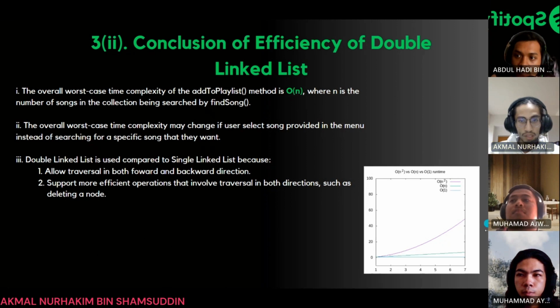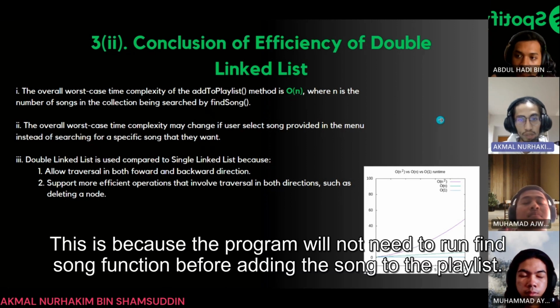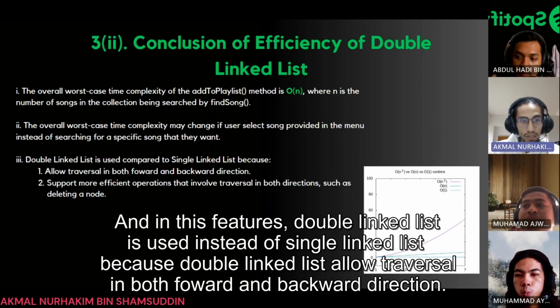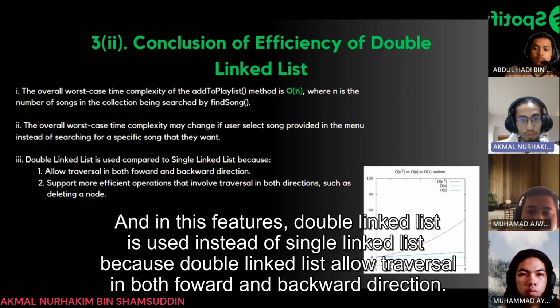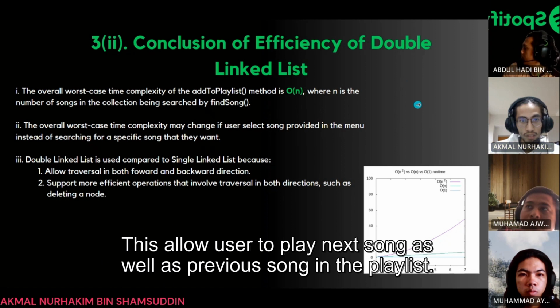This is because the program will not need to run the find song function before adding the song to the playlist. And in these features, a double linked list is used instead of a single linked list because a double linked list allows traversal in both forward and backward directions. This allows the user to play the next song as well as the previous song in the playlist.